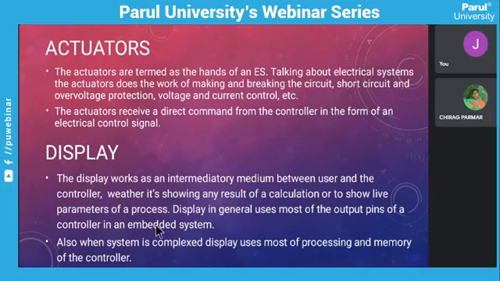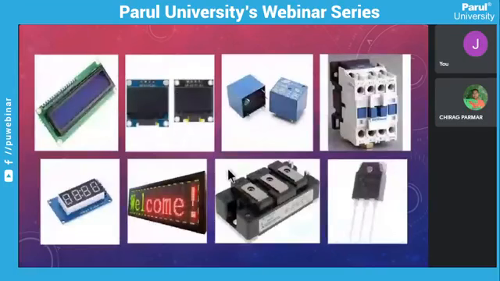If you go for the displays in mobiles and LCDs, they are very high range applications. Also, when the system is complex, the display uses most of the processing and memory of the controller. So these are the actuators, and these are the types of displays.